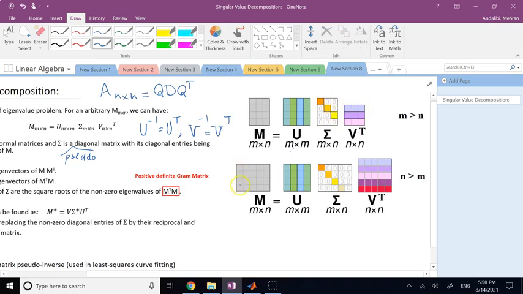Or let's say it is 4 by 5, sigma is the same size, and it has again 1,1, 2,2, all the way to 4,4 non-zero, and everywhere else is 0. So clearly you see the matrix sigma has here an extra row of 0, and here an extra column of 0. So it's not perfectly diagonal and square the way we talked about it, but it is very similar to a diagonal matrix.